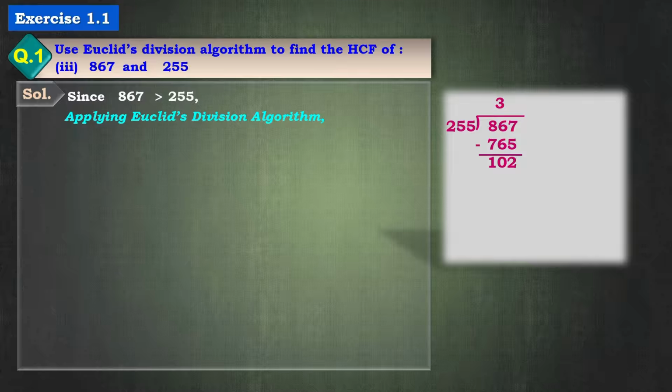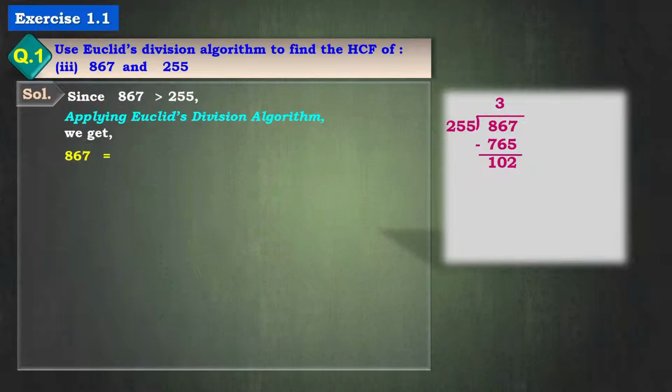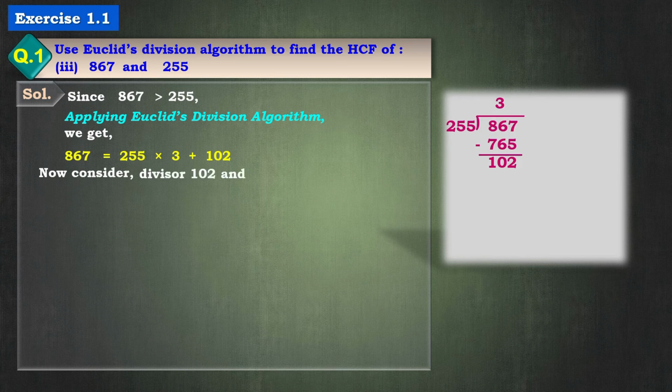Applying Euclid's division algorithm, we get dividend equals divisor into quotient plus remainder. So 867 equals 255 into 3 plus 102. Now this 102, the remainder, will become the divisor, and the earlier divisor 255 will become the dividend.